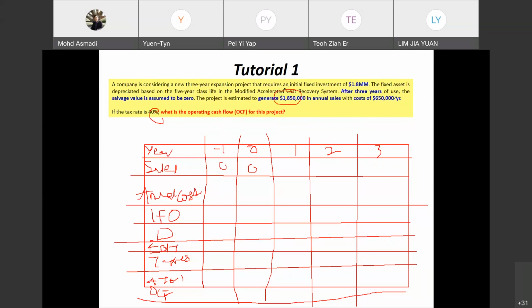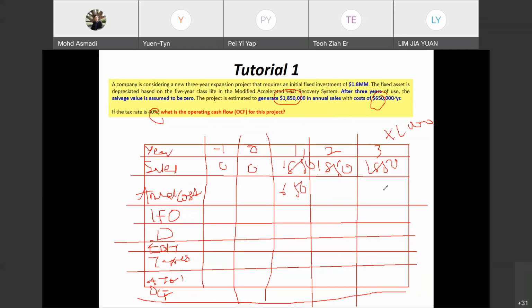Project sales are 1850, so this is time 1000. Okay. What else? Annual cost. What is the annual cost? 650. This one, annual cost, because annual sales and the cost is 150.